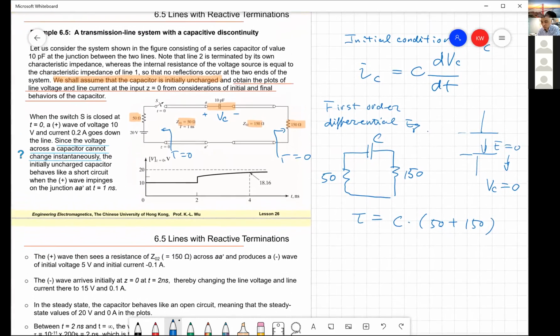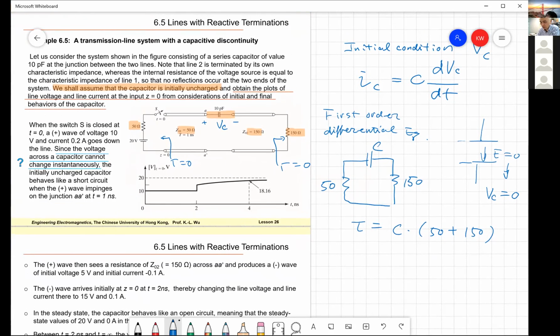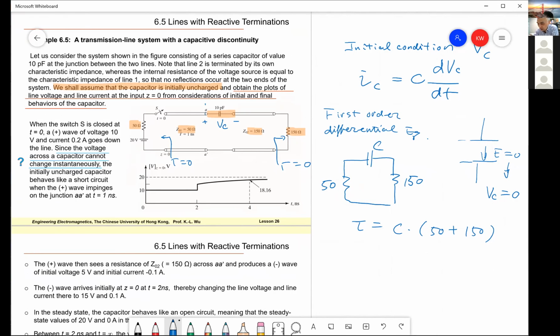Now let's do one thing at a time. If we look at this section, at first when we have a step voltage, the voltage divides 50-50. So only half of the voltage is applied to this transmission line.